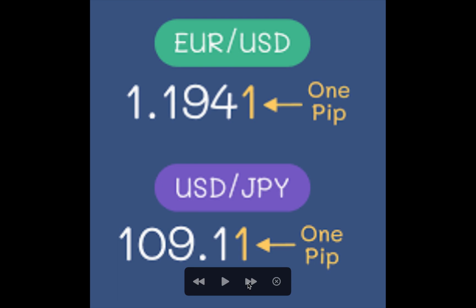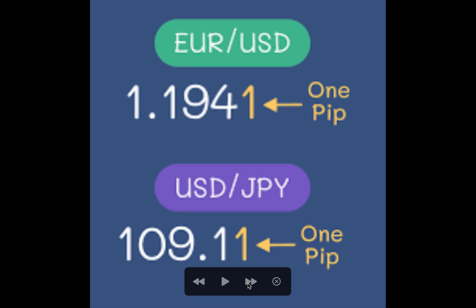How do you calculate your pip? We'll do that in another video, but just understand what pips are and what they are used for. They are used to calculate your profits. After you've done your calculation of pips, you add your lot size, and you'll be able to understand the profit you'll be making in that particular market.